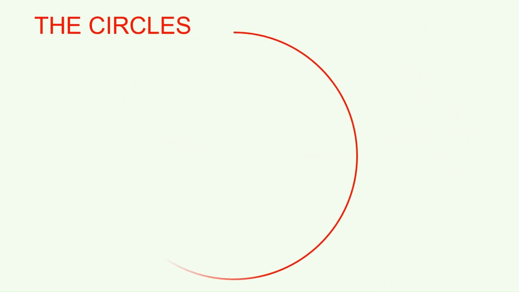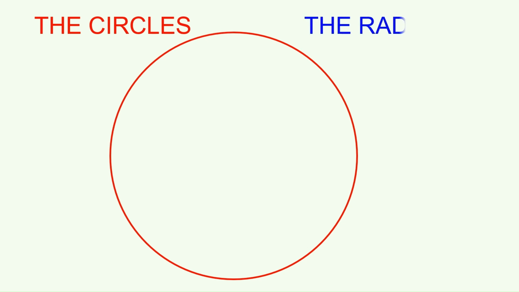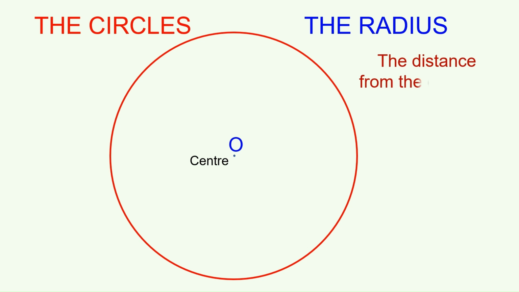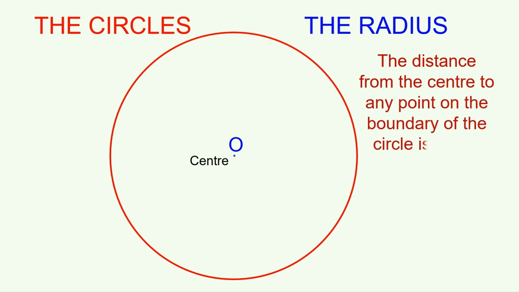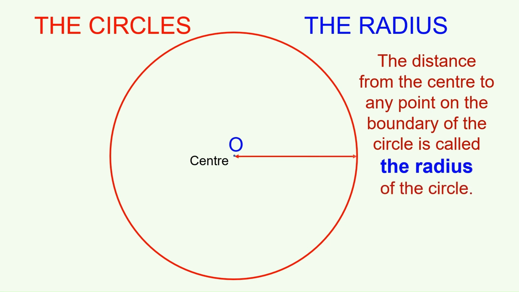The circles, the radius. The distance from the center to any point on the boundary of the circle is called the radius of the circle.